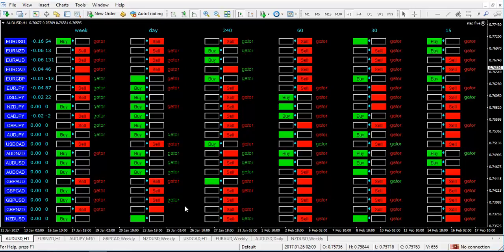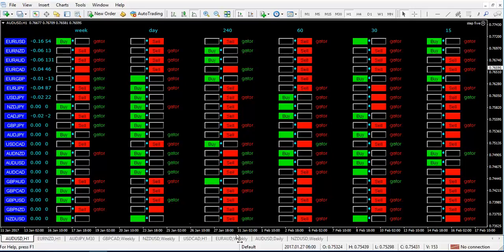What we want to do in Bill Williams' system, it's a pretty expansive system. There's a whole lot of angles to it. Two things we want to concentrate on today are zone and divergence.